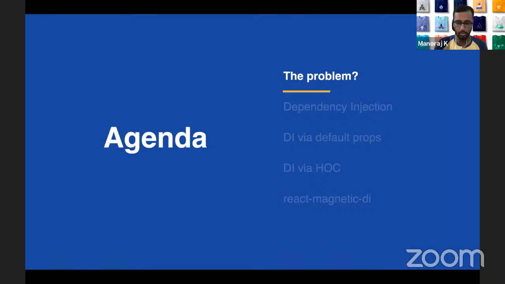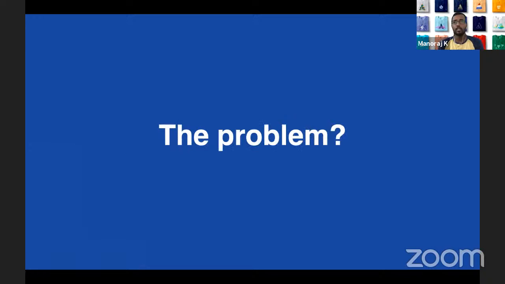What is the problem actually? When it comes to React, everything is a component, right? You take a presentation component, you take a controller, you take a service. Everything in React is a component, and easily your simple component will turn into a complex, very hierarchical component.